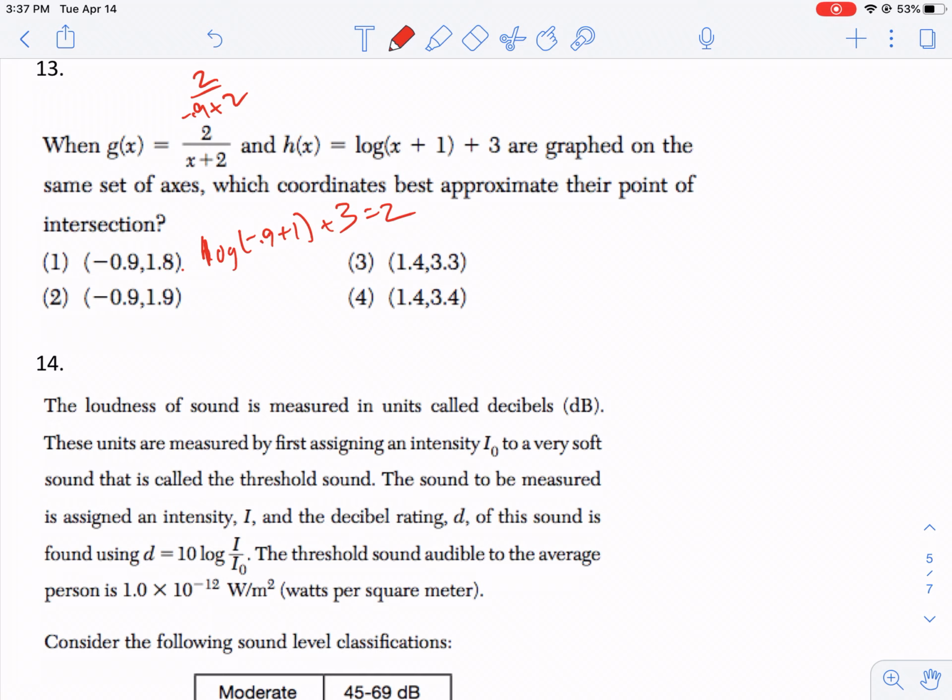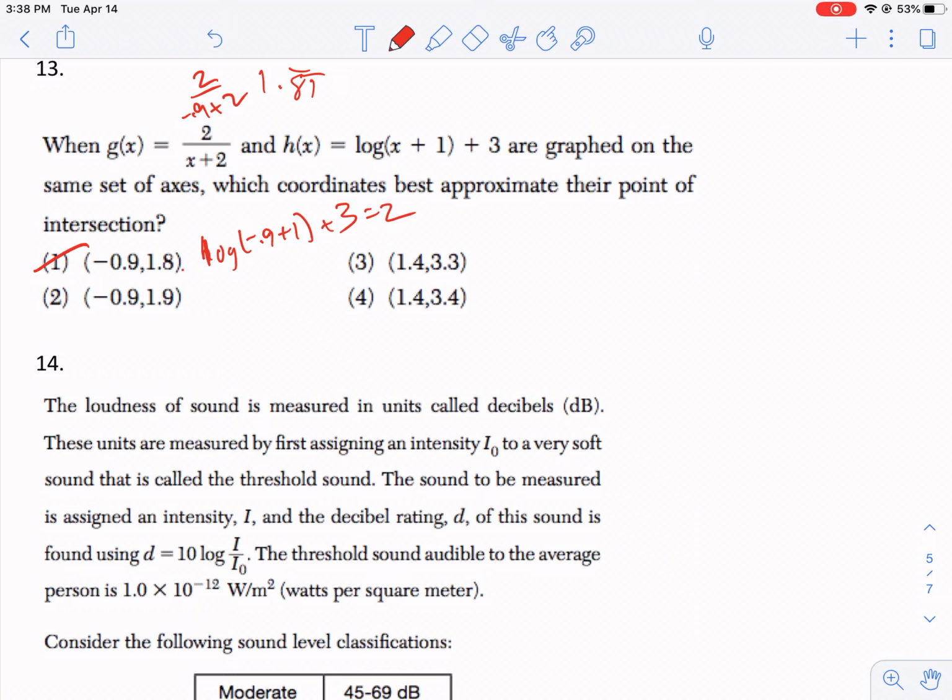Close, but not spot on yet. Now the next one says 1.9. This was 1.8 repeating. 1.9 is closer than 2. Actually, it's 0.81 repeating, sorry. Okay, so it's close, but it's not exact. So right now, number 1 is out. Number 2 is a possibility.